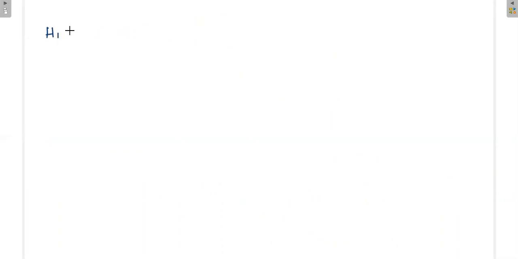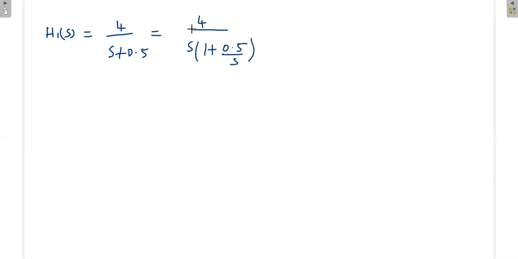So H1(s) is equal to 4 divided by (s plus 0.5). If you take s outside, this is 1 plus 0.5 divided by s in the denominator, so we can take s in the numerator: that is 4 by s divided by 1 plus 0.5 divided by s. Now we will implement this H1(s) with direct form 2.